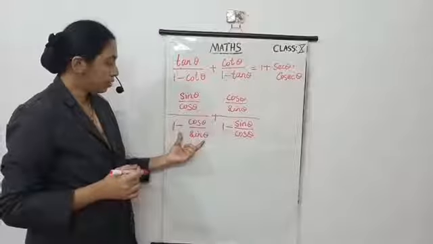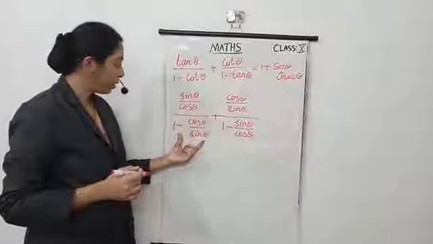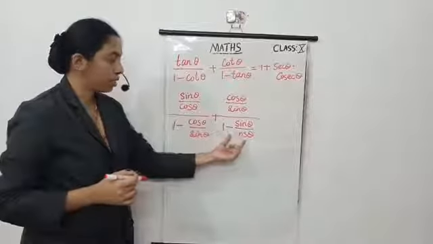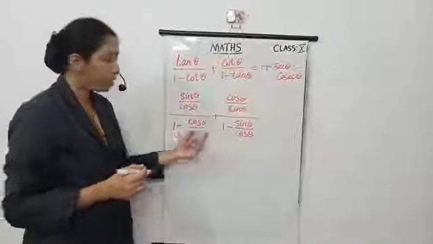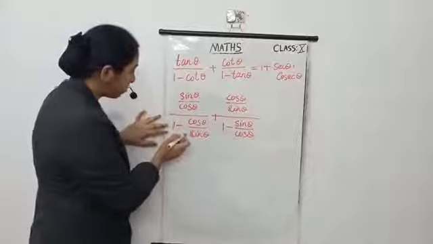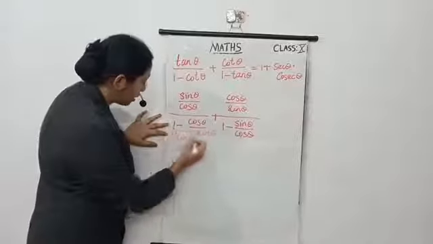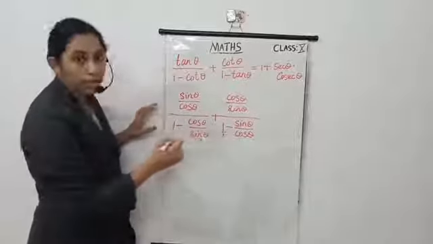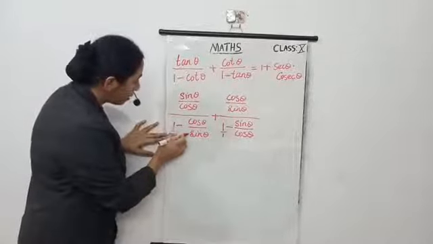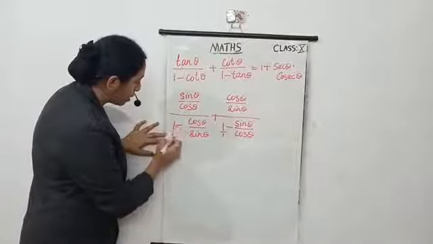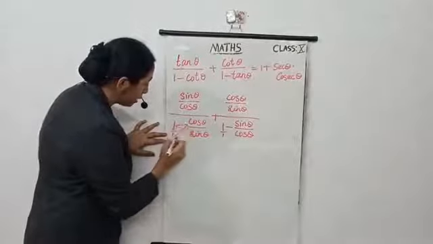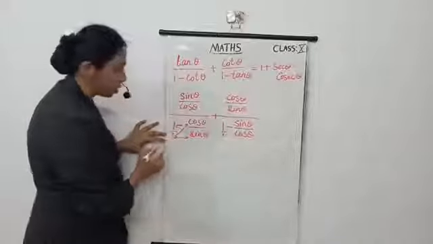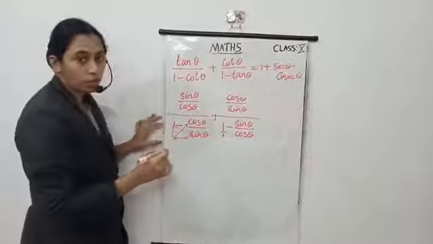Now first solve these fractions, 1 minus cos theta by sin theta and 1 minus sin theta by cos theta. Here we consider 1 by 1 is 1 itself. Now multiply this denominator with the numerator. I think all of you know that.